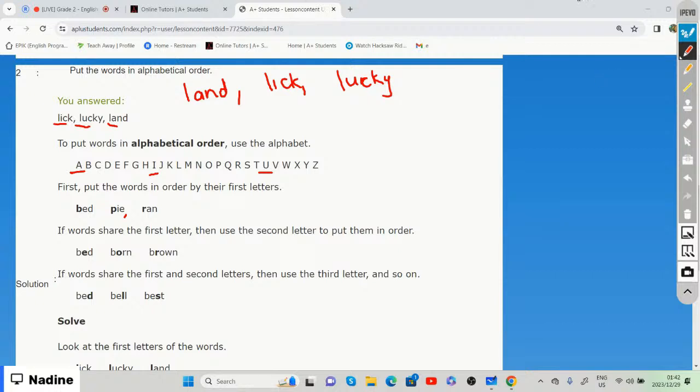All right. So remember to look at the second letter, right? And that will tell us which one we need to put first in alphabetical order.